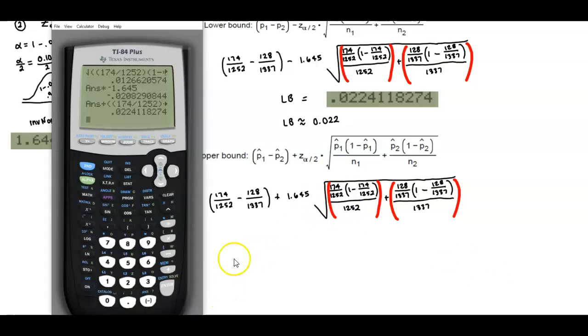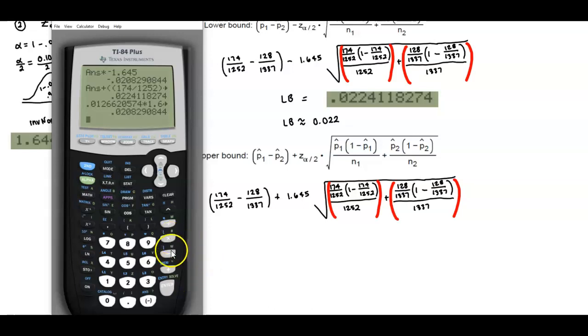So let's go back up here, and we know that when we calculated this entire result, we end up getting this value. And then what we're going to do is multiply that now by positive 1.645, and then hit enter.